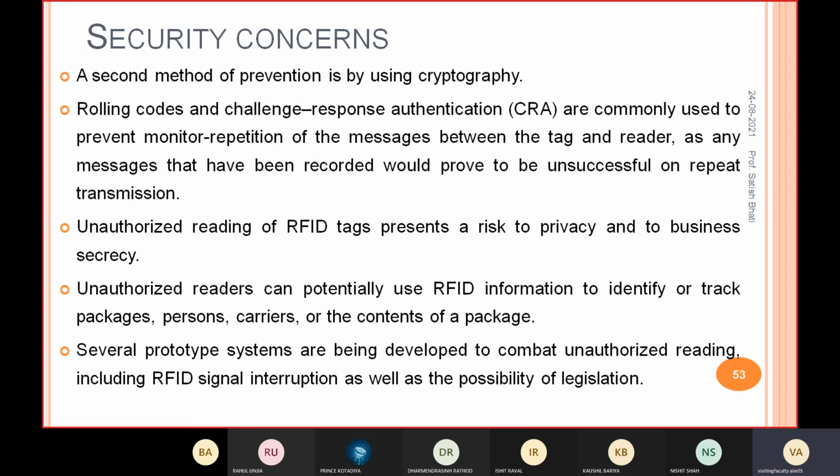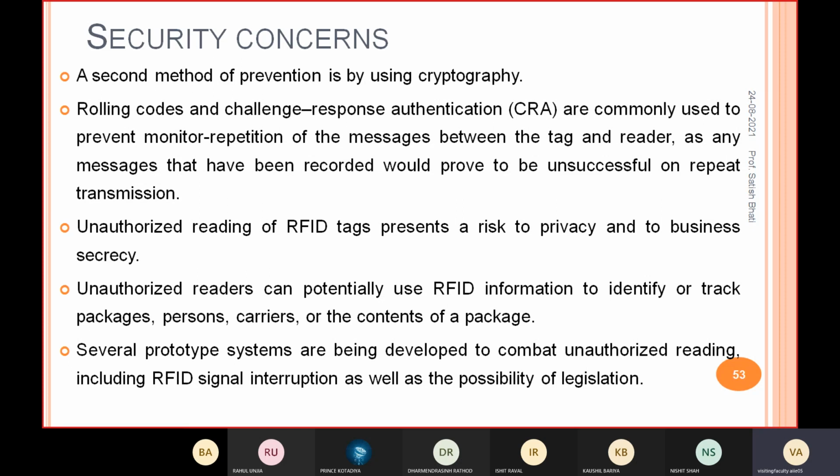Sometimes you have packed some item with a wrapper, and on the box you have the RFID tag with all the information about what is inside. If somebody reads it, they can get that information, or they can also change it.